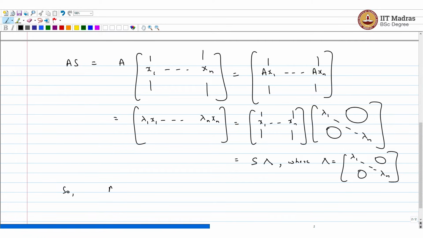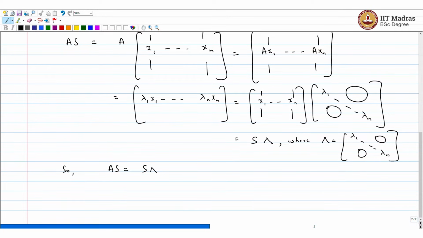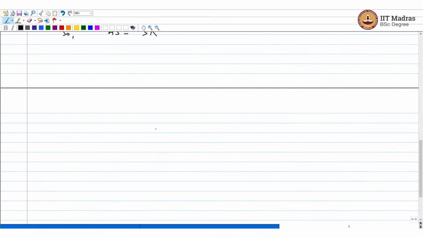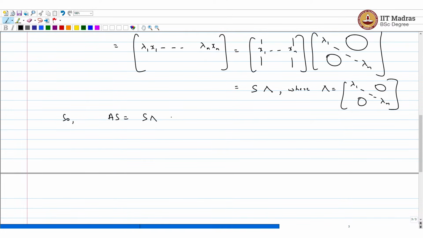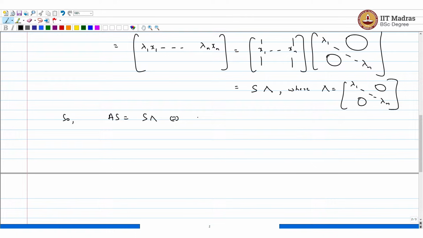So, AS is S post multiplied by a diagonal matrix, and that is enough to claim diagonalizability, which is equivalent to saying S inverse AS equals a diagonal matrix.